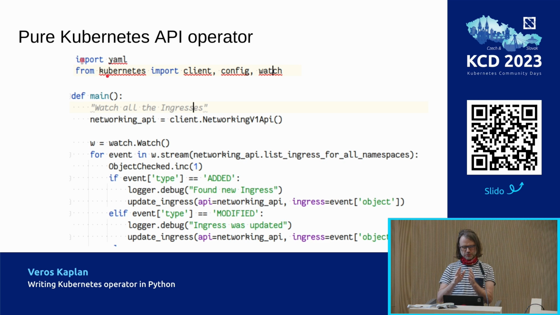When you have your Kubernetes API, it has some definition. I don't know, it's probably called the OpenAPI specification or something like that. And there is a Python module called Kubernetes, and all the objects which are defined in the Kubernetes API specification are present in the Python module. So you can.